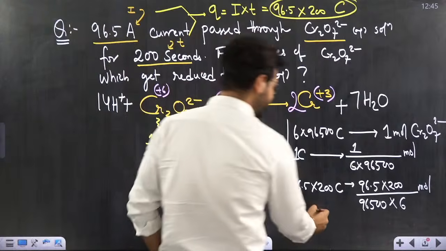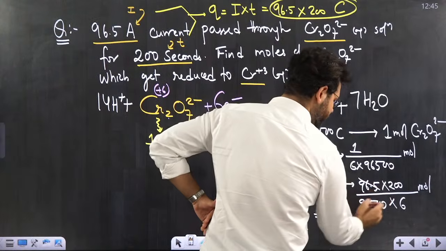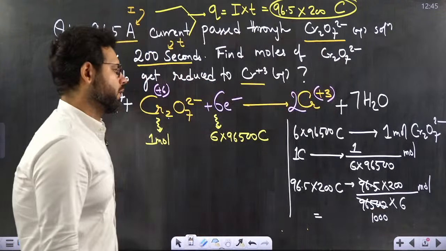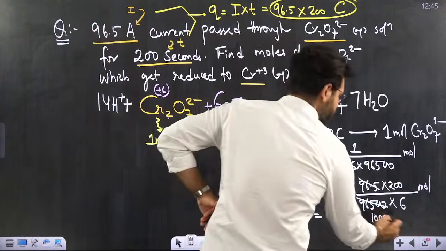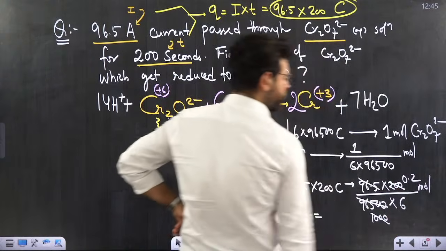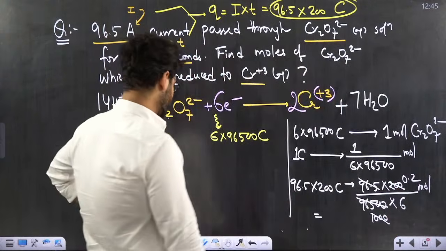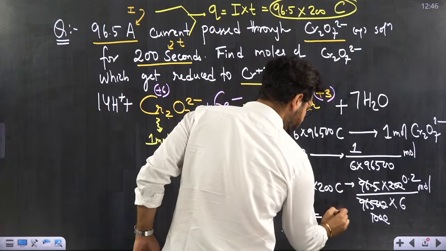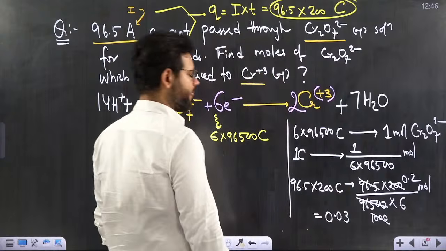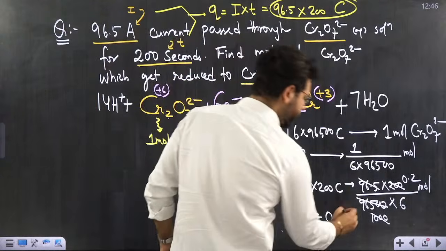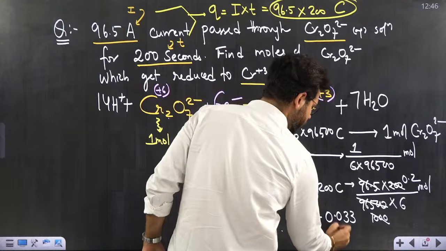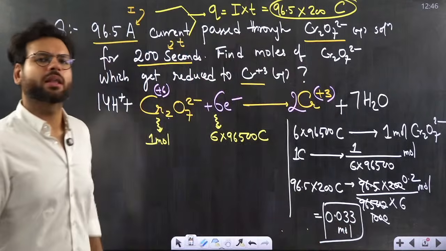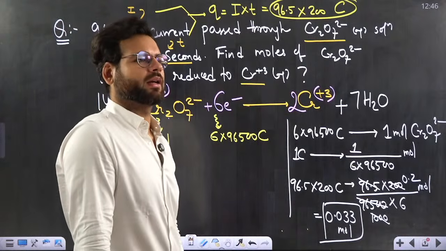That is your final answer. So 96.5 goes 1000 times, and this goes 0.2 times. So we get 0.2 by 6, which is 0.033 moles, or you can just call it 1 by 30 moles.